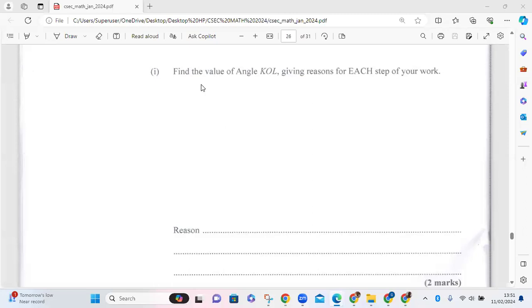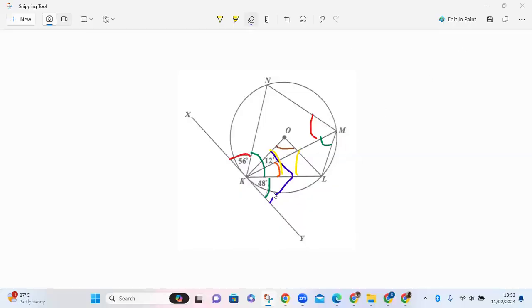So the question says, find the value of angle KOL. Give reasons for your work. Let's find KOL. So basically what we can do now is to add 48 and 12 and subtract it from 90. That will give us 30 degrees. You add 30 to 12, that will give us 42. So OKL is 42, OLK is 42.